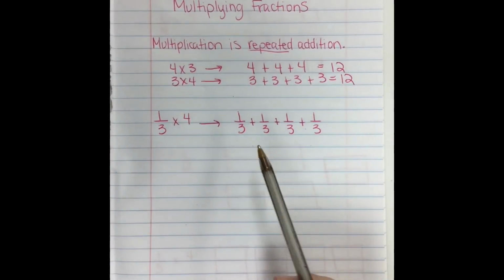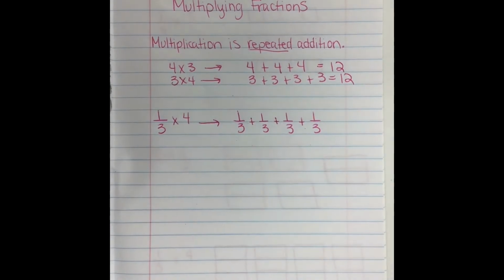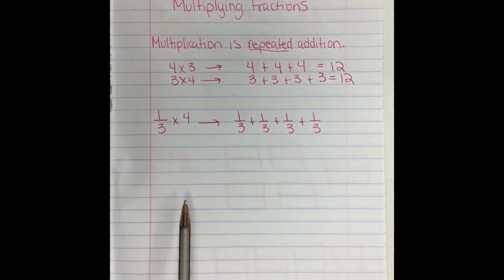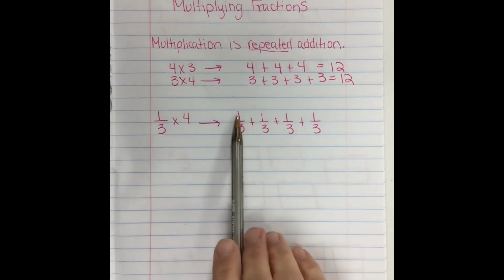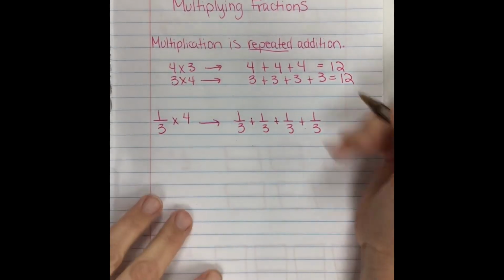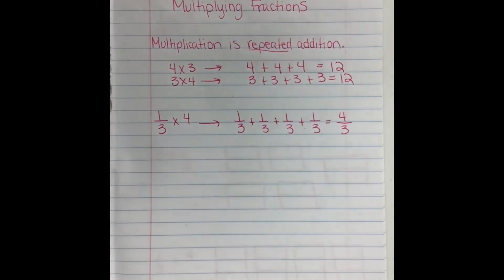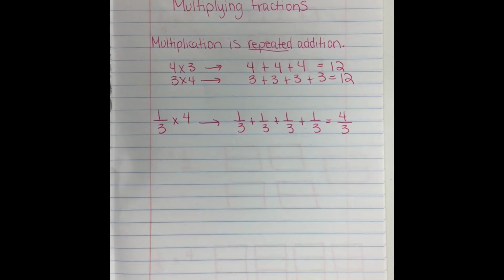Okay. So we have learned that when we add fractions, we only add the numerators. So 1, 2, 3, 4 thirds, because the denominator stays the same.